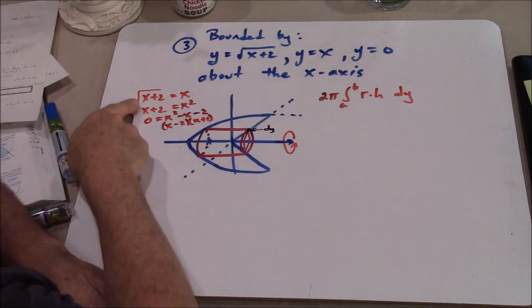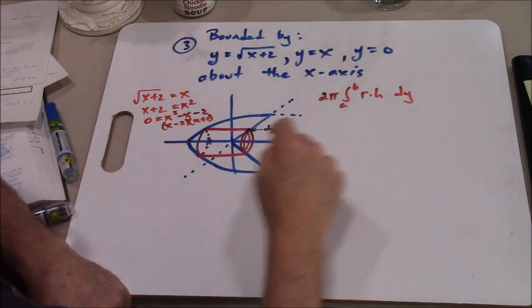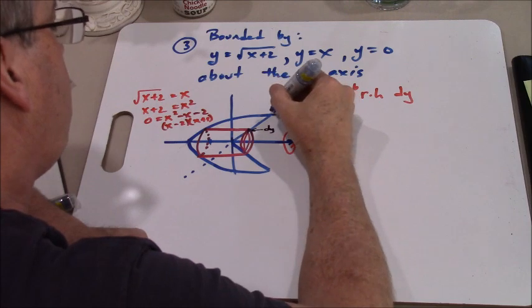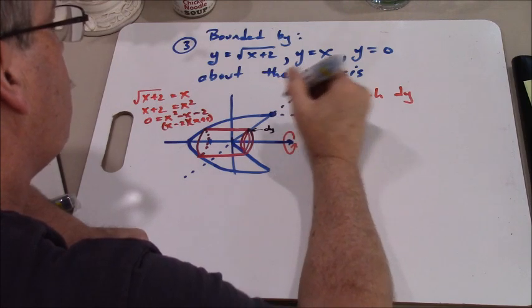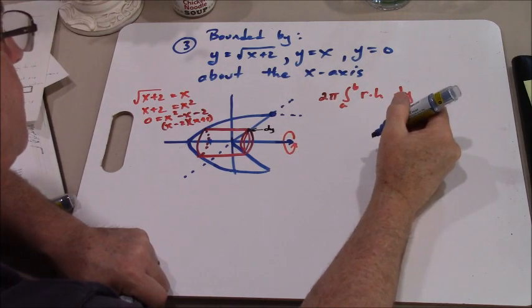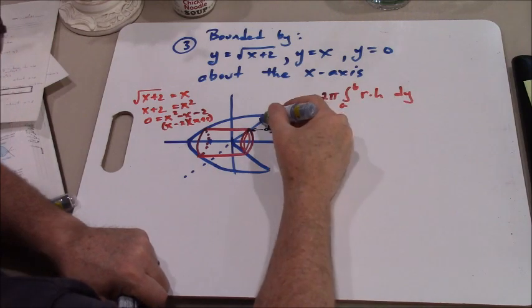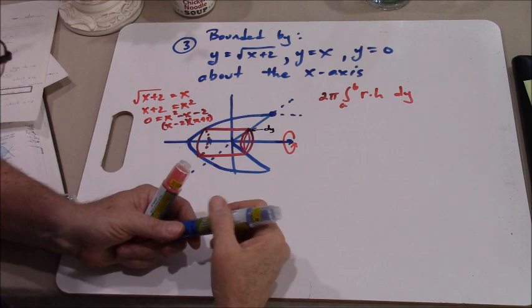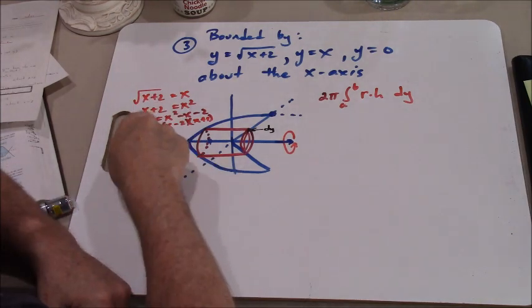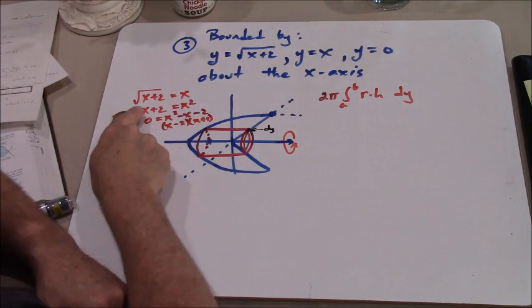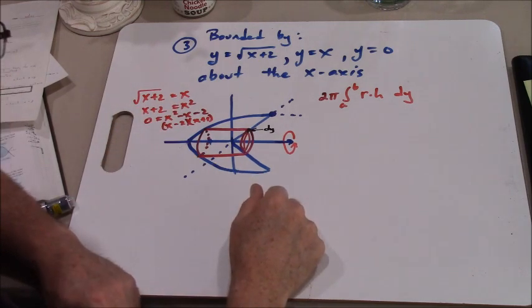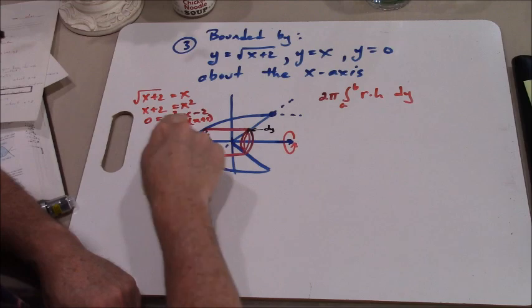All right, so I did a little work off to the side here. One of the things I have to know is what are the coordinates of this point right here. And so that's just where these two equations intersect. So I set them equal to each other. And I squared both sides, got this, moved everything over to the right-hand side. I wanted to keep the x squared term positive. And then I factored that.